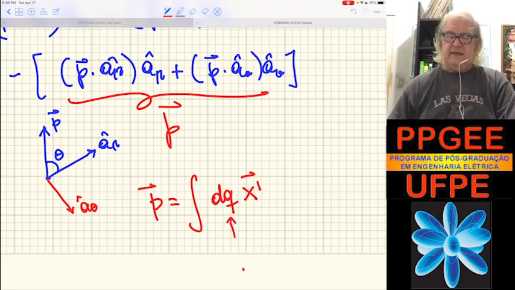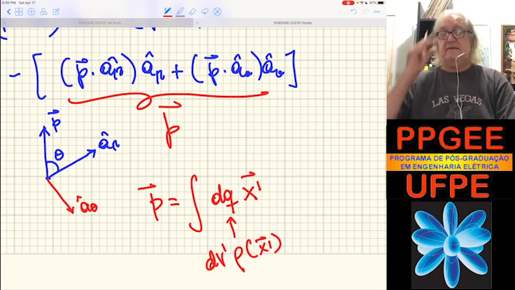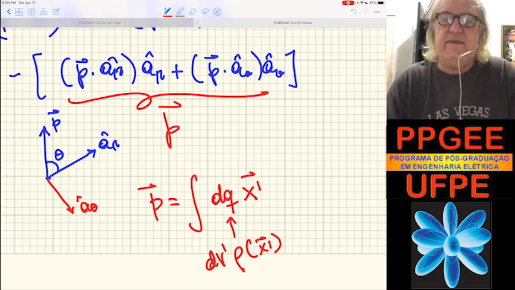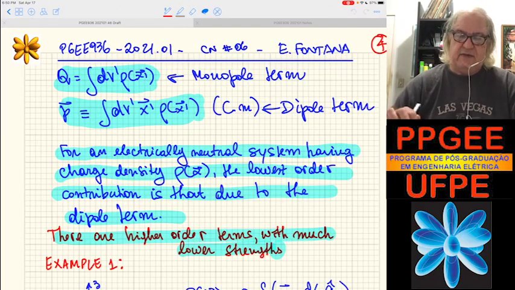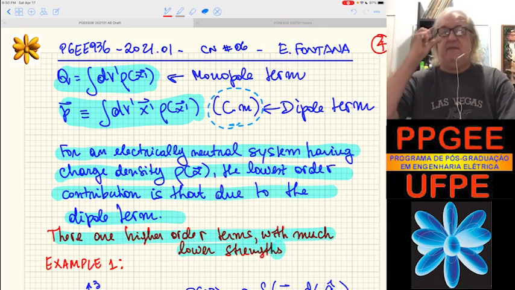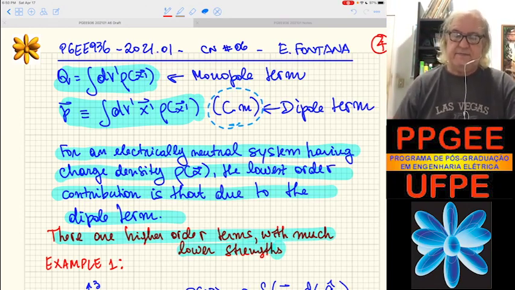Charge located at dv prime, at x prime, so that's what it is. Moment of charge. So we have some moment, some vector. Dipole moment is a vector. I didn't mention, but it's easy to infer that it is Coulomb times meter, right?